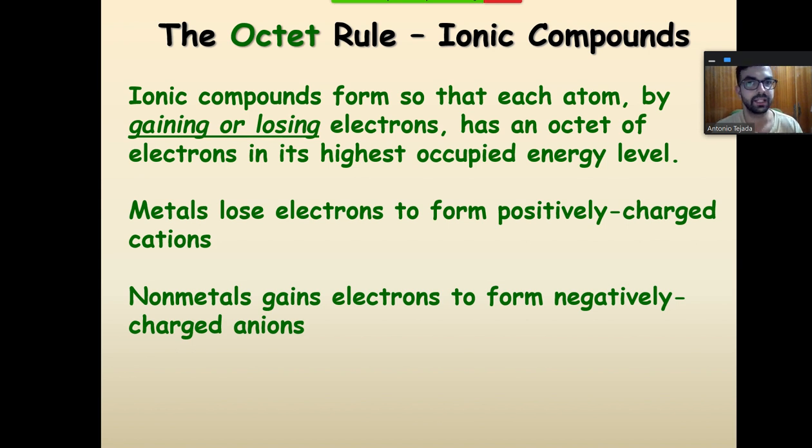In the case of ionic compounds, the main objective of all atoms is to have 8 electrons in their last energy level. Some will have to lose and others will have to gain, depending on their position in the periodic table. We'll go through that in more detail.